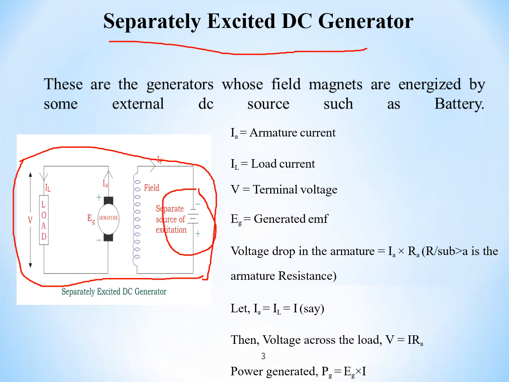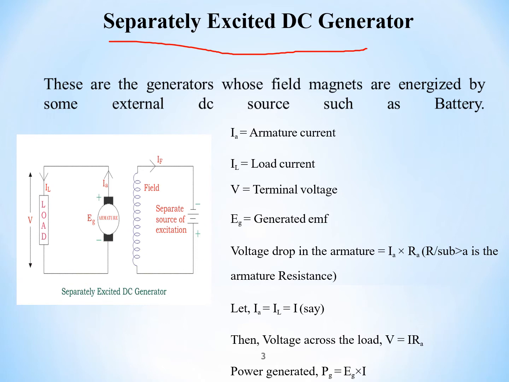So if we observe here, there are IF, which is a field current, IA and IL.